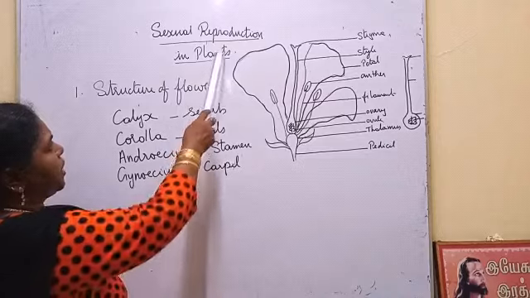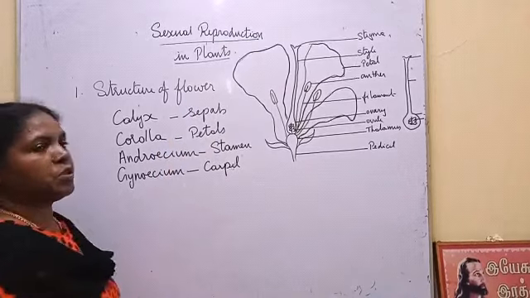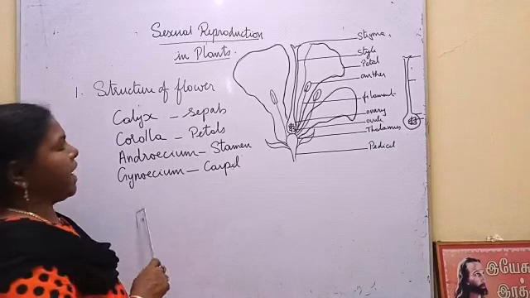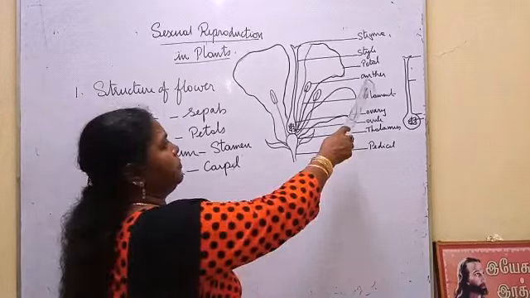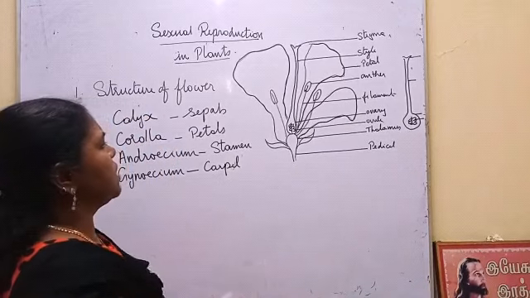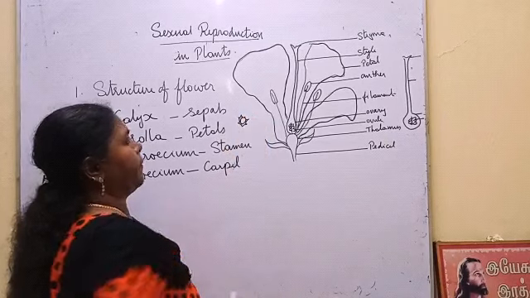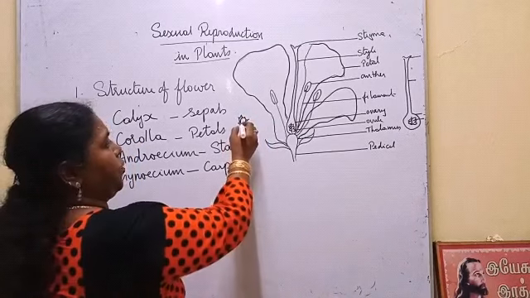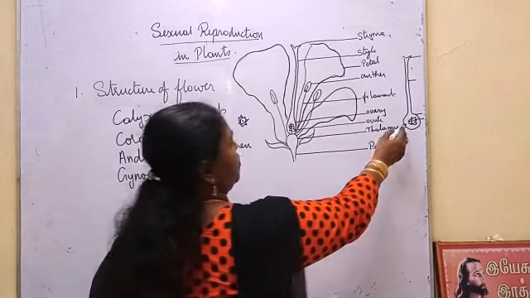Now, the reproduction starts. The structure of the flower we have seen. Reproduction starts with 2 steps: pollination and fertilization. Okay, the anther produces pollen grains. Inside the pollen grain, the male gametes are produced.